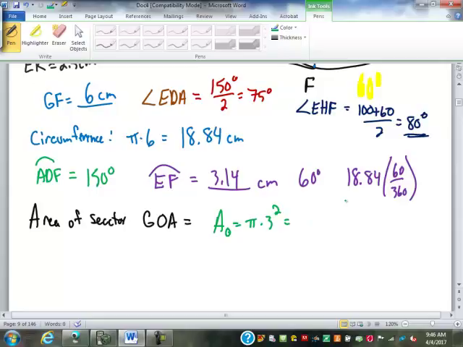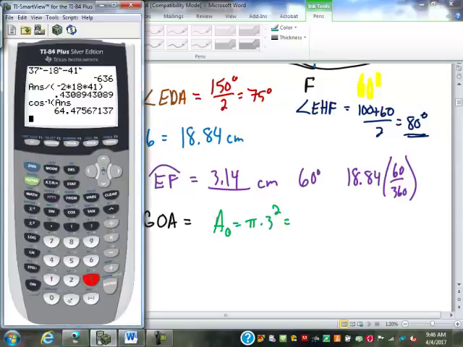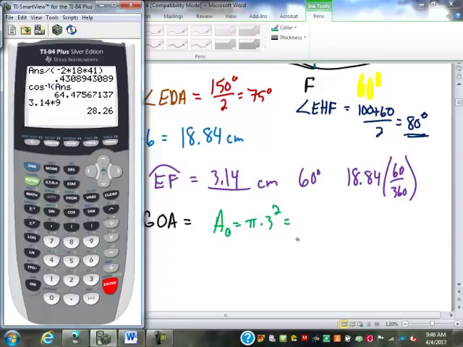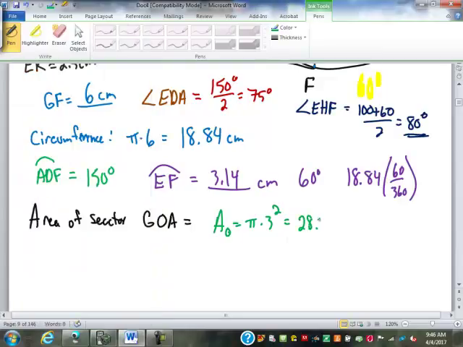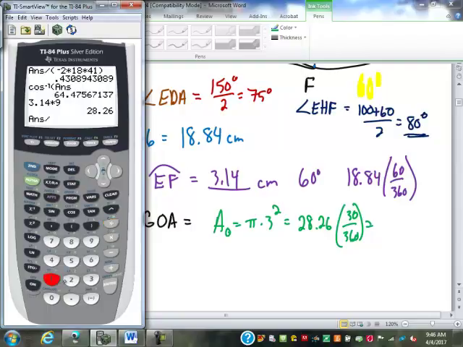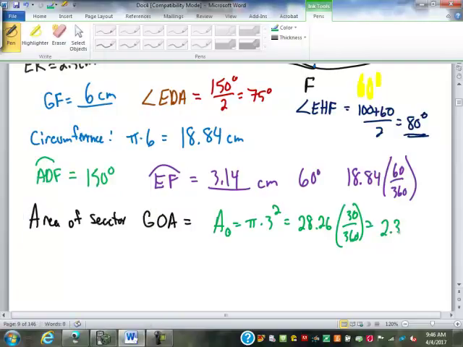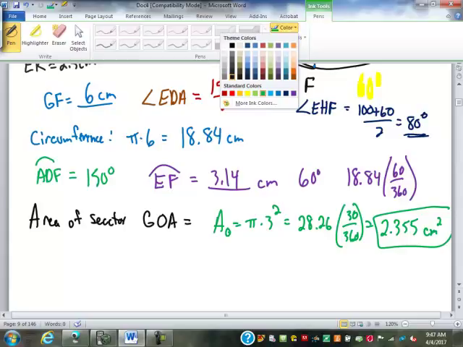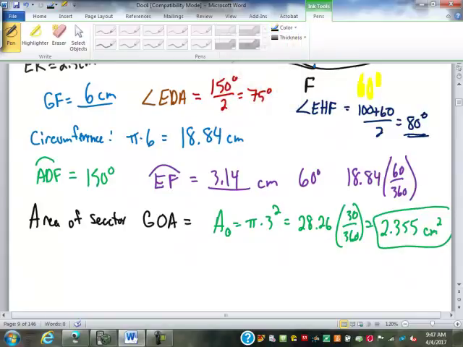Radius is 3, right? So 3.14 times 3 squared is the area of the whole circle. 28.26. Then we're going to take that times 30 over 360. 2.355 centimeters squared. Any questions so far?